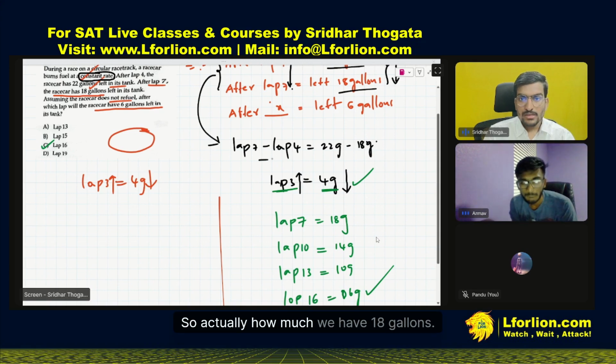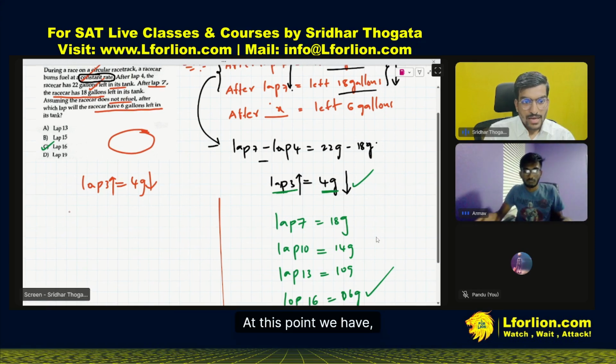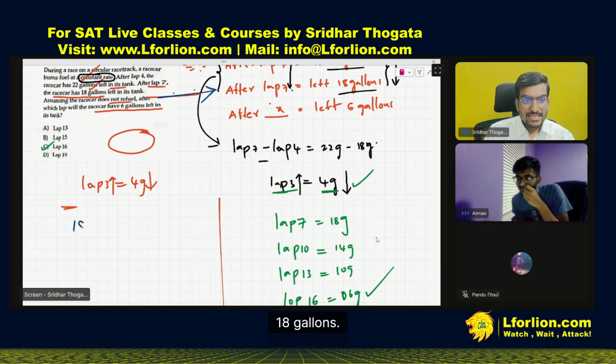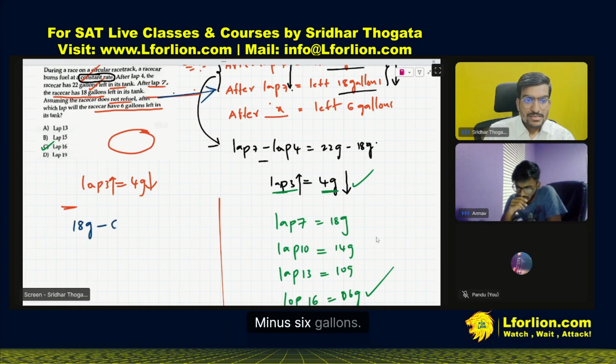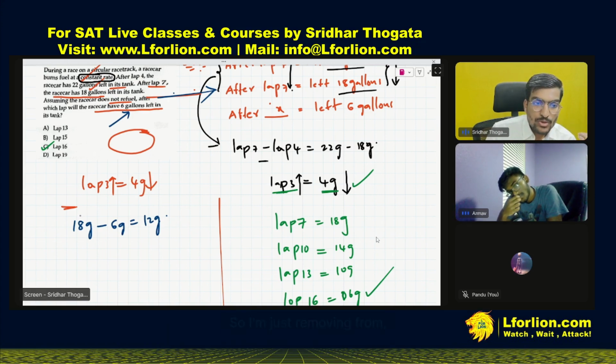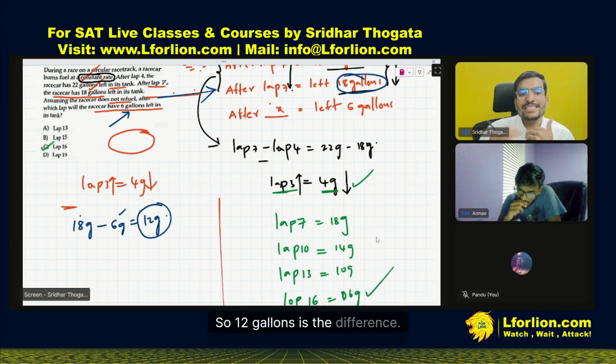How much do we have at this point? 18 gallons. 18 gallons minus 6 gallons equals 12 gallons. You got my point? We need to be left with 6 gallons. So from 18 gallons, I'm removing 6 gallons. So 12 gallons is the difference.